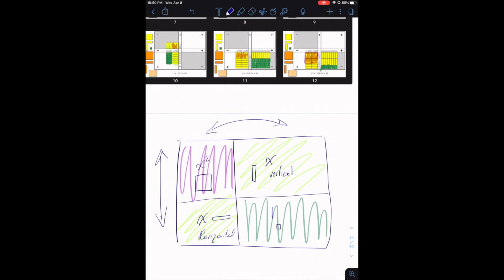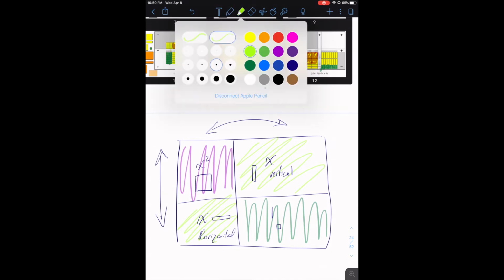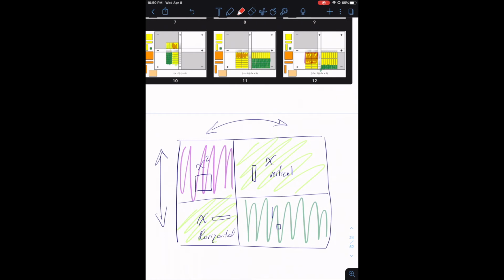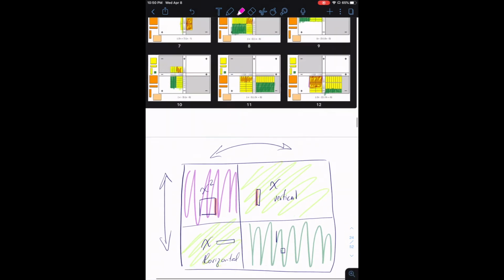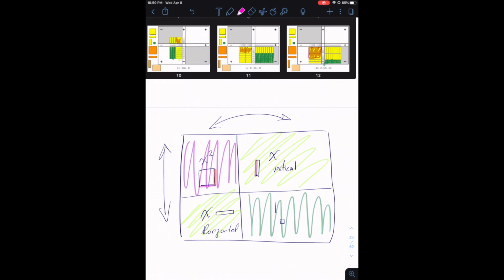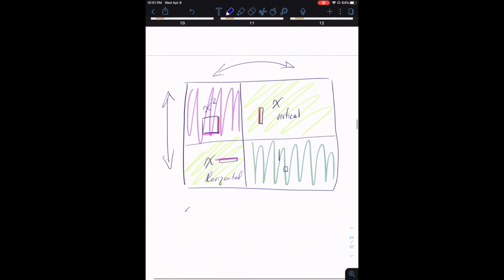Well, it kind of makes sense because if we have vertical rectangles, vertical rods, then this side needs to line up with that side, right? So anytime we have this rectangle of product, everything within it must line up. So the horizontal rod must line up with the horizontal dimension of the x squared.